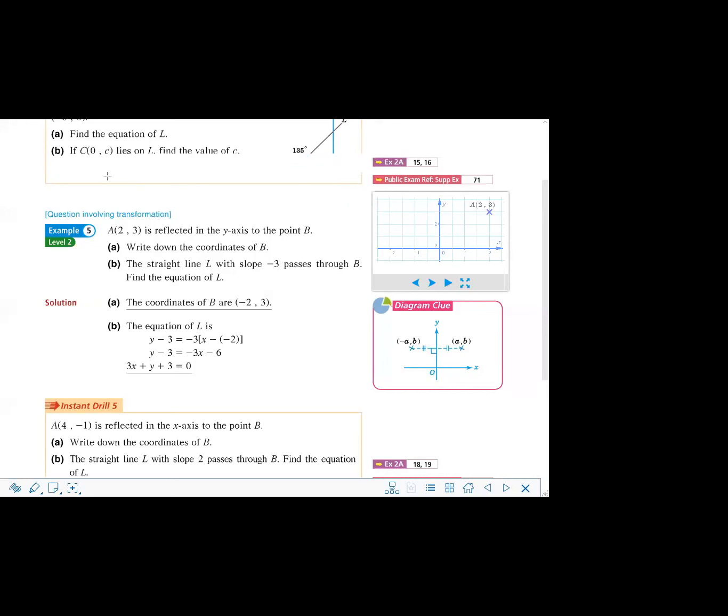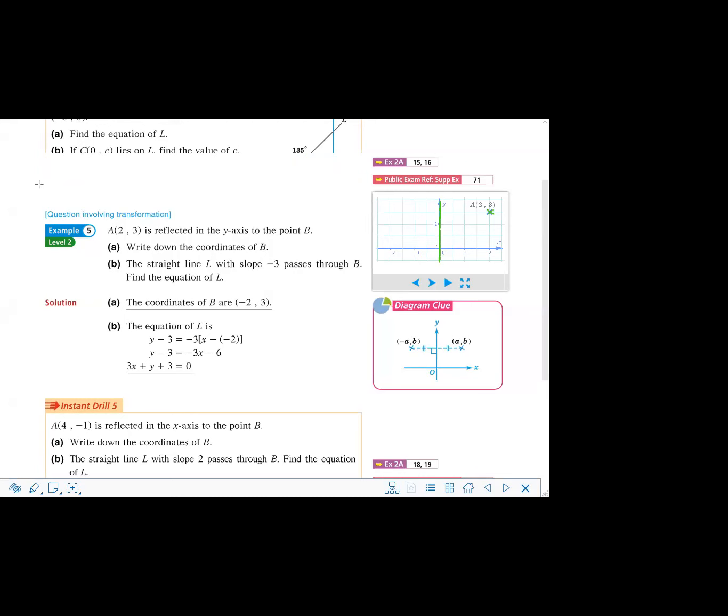Maybe I just use the graph here. Point A with coordinates 2 and 3 is here, and then it is reflected in the y-axis. The y-axis is the mirror, standing upright. If point A is reflected in the y-axis, it is a left-right reflection.